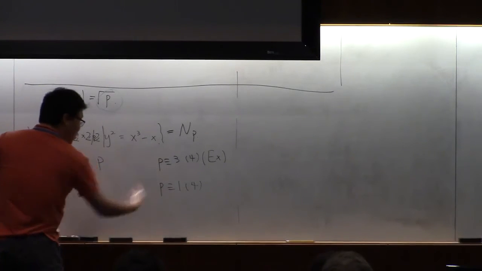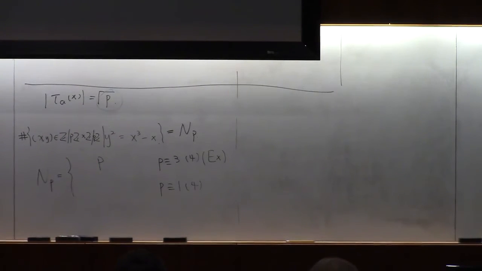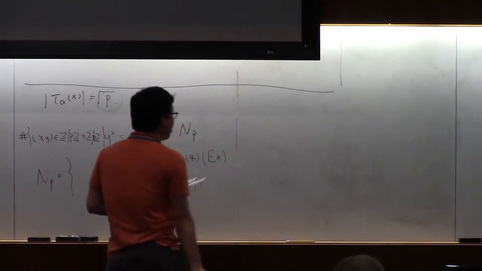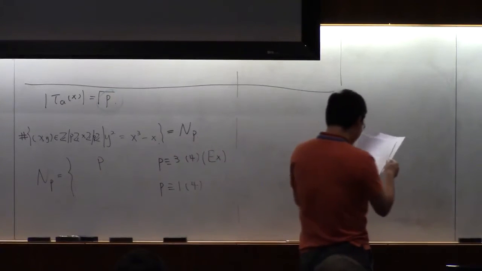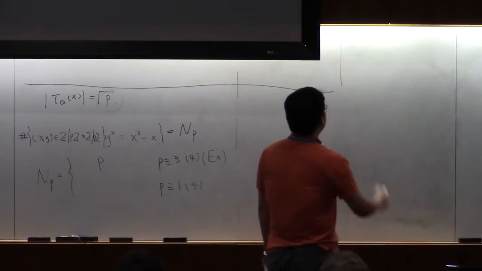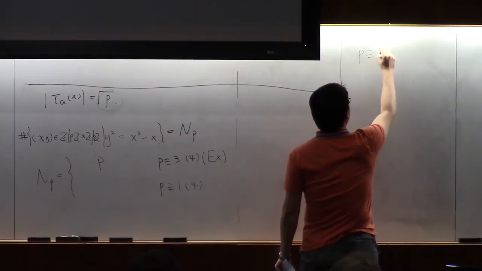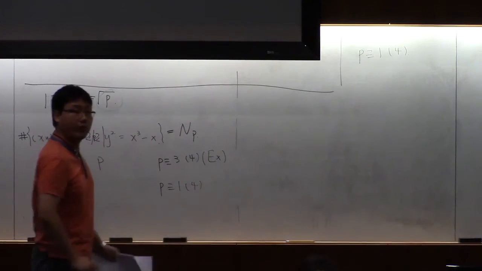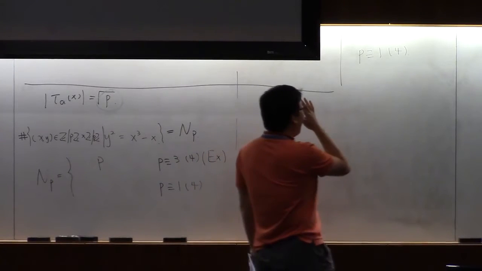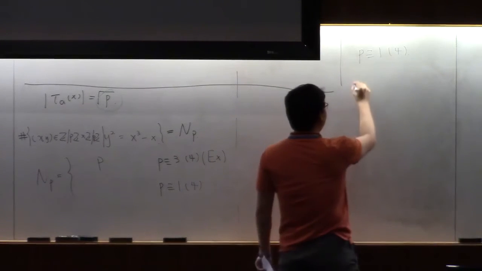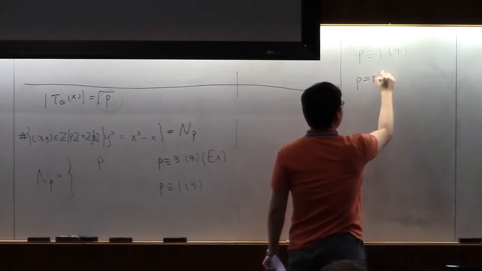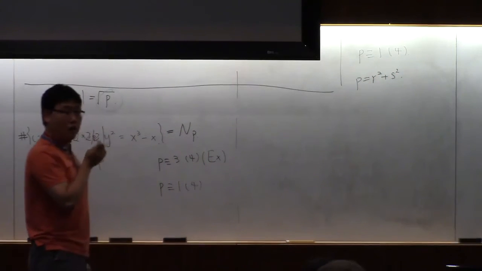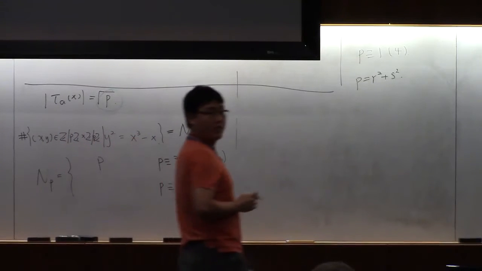But when p is congruent to 1 mod 4, the answer is much more complicated. To tell you the answer, I need to introduce some more notation. So now I assume that the prime p is congruent to 1 mod 4. Then p can be written as the sum of the squares of two integers.